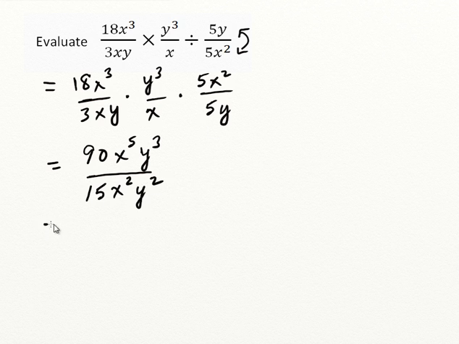Okay, well, we can reduce this now. We know that 15 goes into 90 evenly. And in fact, it is going to divide in 6 times. If we have an x squared in the bottom and an x to the 5th power up top, we know that the x squared will cancel out 2 of these x's, resulting in an exponent of 3.